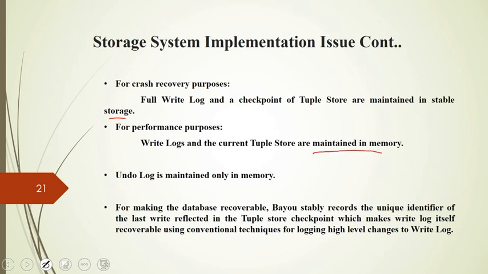The undo log is maintained in memory as well. To make the database recoverable, Bayou stably records the unique identifier of the last write reflected in the tuple store checkpoint, making it possible to identify the correct suffix of the write log, and makes the write log itself recoverable using conventional techniques for logging high-level changes to the write log.